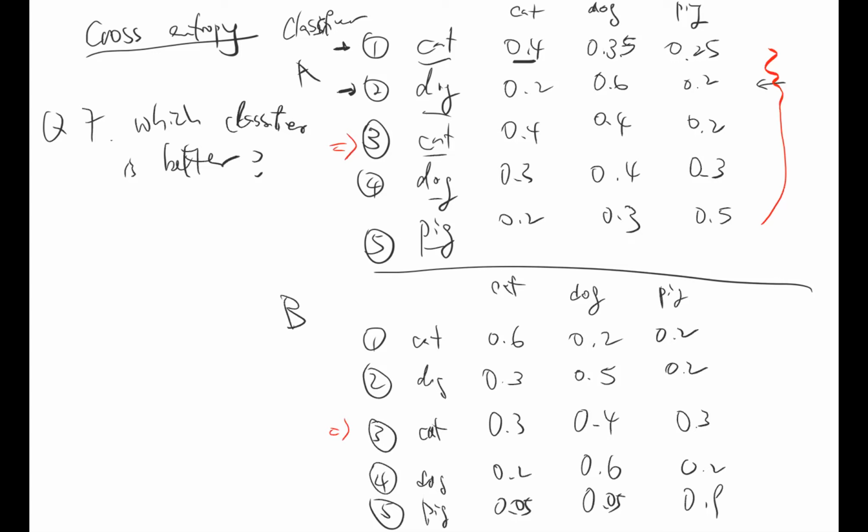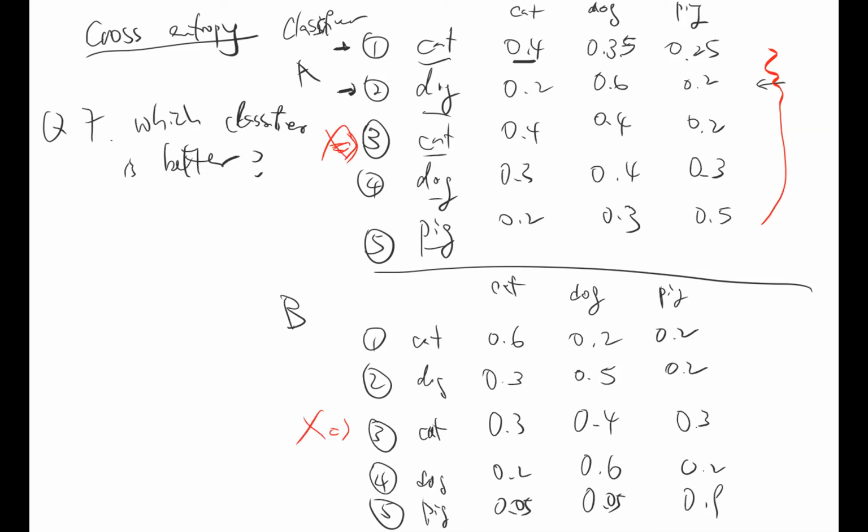But at the same time we should take the score into account, right? So I have the score here. For B, if I ignore this data point, it looks like B is more confident in terms of its accurate classification. If I ignore this one, then it's pretty reasonable.